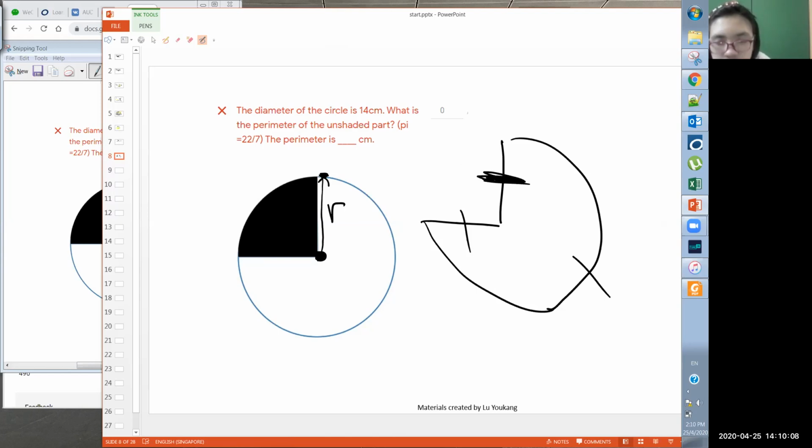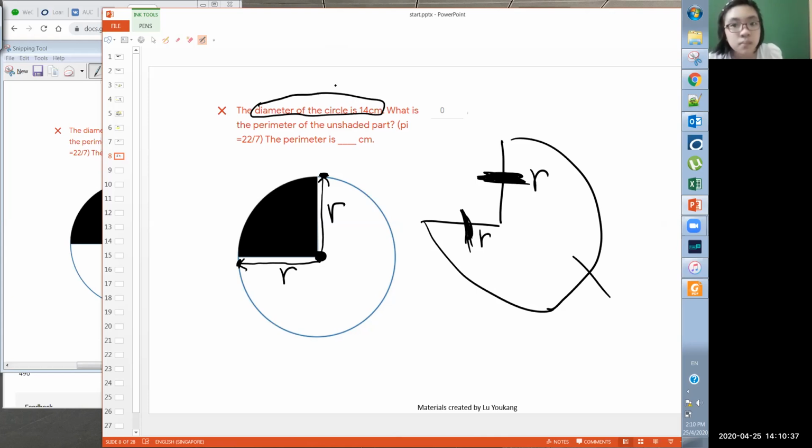So that means this one is the radius, right? Can you see? Okay, good. Now I go from the center and stop here. So what is this? Radius. So this is also the radius. The question says the diameter of the circle is 14.